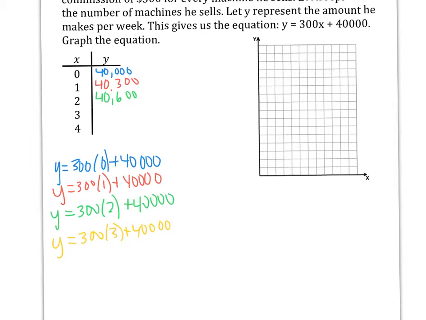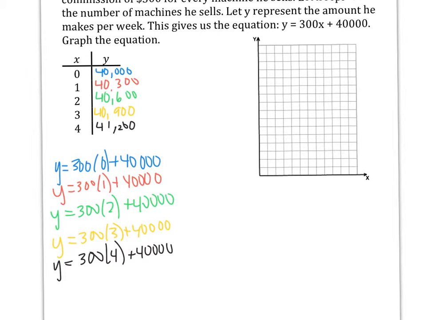And 300 times 3 is 900, plus 40,000 is 40,900. And lastly, we'll plug in 4. And 300 times 4 is 1,200, plus 40,000 is 41,200.